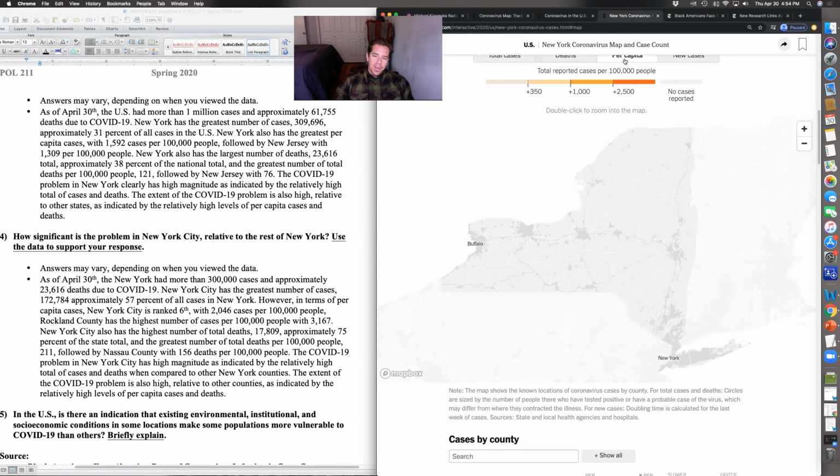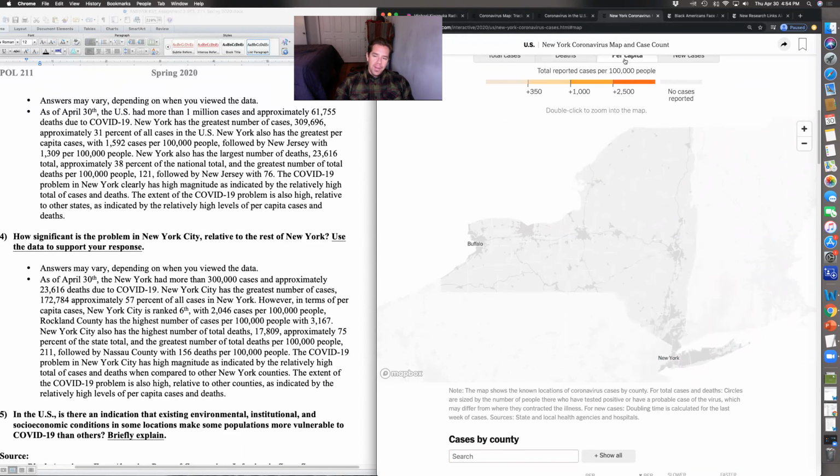We can see that New York City is at the top with 211 deaths per 100,000 people, followed by Nassau County, 156. So Nassau is still there, but this gives us some comparisons. Per 100,000 people, New York has about 55 plus more deaths. And again, that per capita allows us to make comparisons.